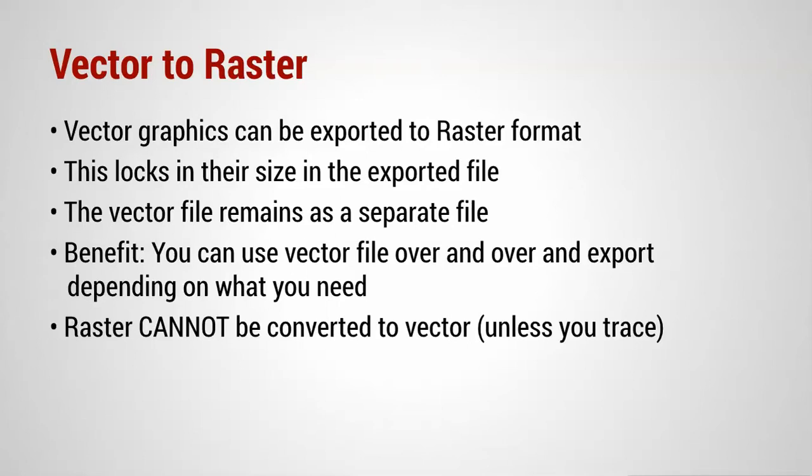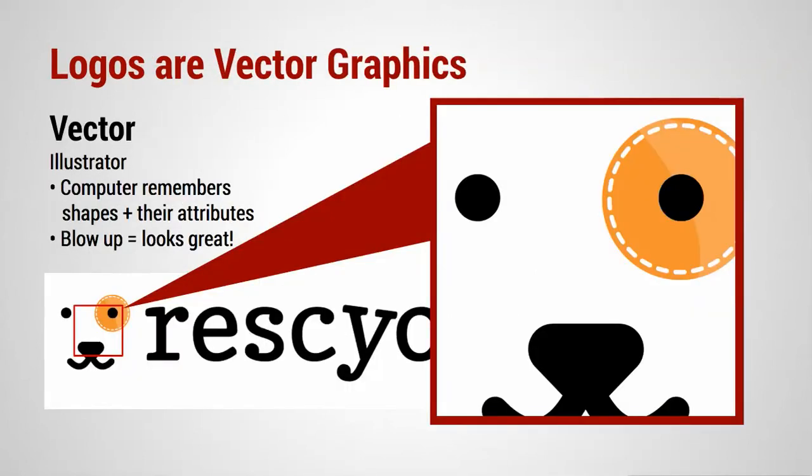The benefit of doing this is that you can use the same vector file over and over. So if I have this logo in Illustrator and it's 5 inches, I can export it as a 5-inch logo that's ready for the web. I export it to a raster. But then I get a phone call and someone at the company wants this logo to be 50 feet wide for a billboard.